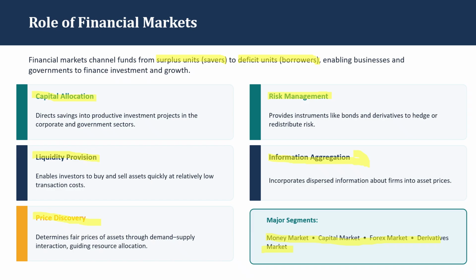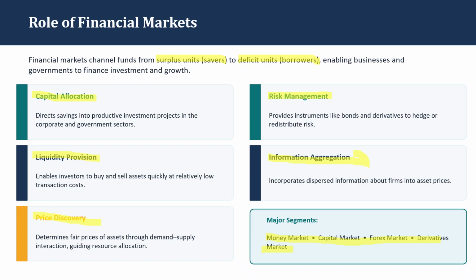The second is the capital market. The capital market deals with long-term securities like shares and bonds, where businesses and governments raise funds for long-term investment projects. Stock exchanges like the National Stock Exchange or Bombay Stock Exchange are part of the capital market for equity.